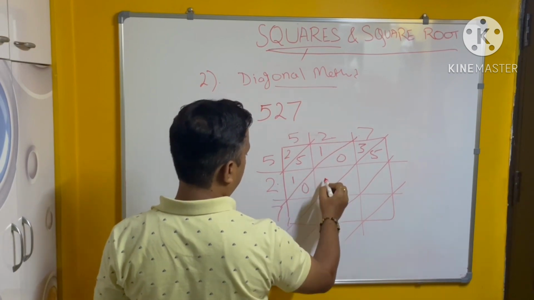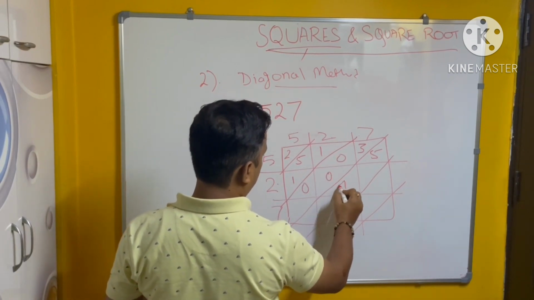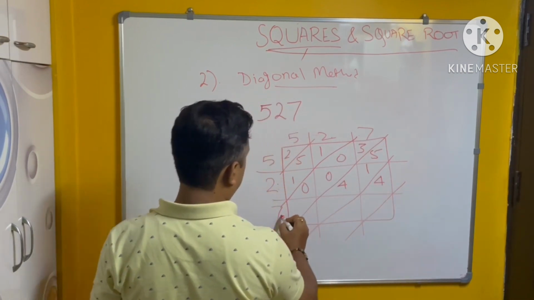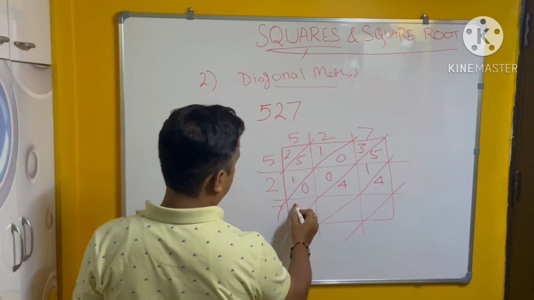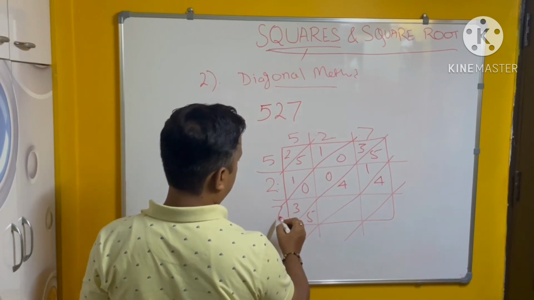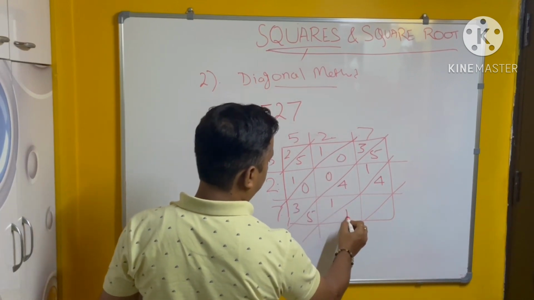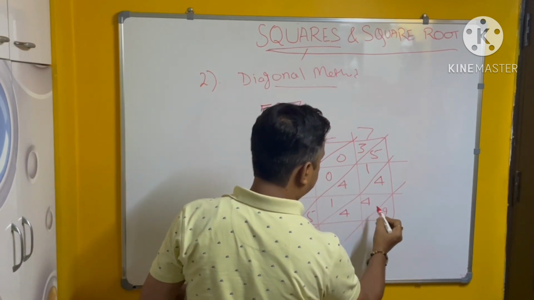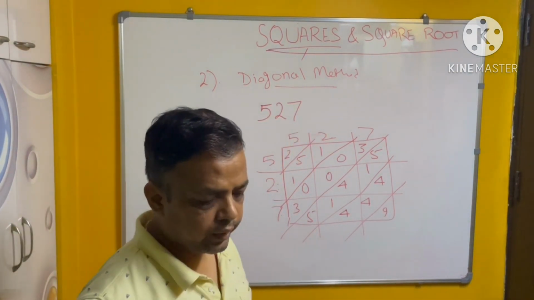Product of 2 and 2, 4. 2 and 7, 14. 7 and 5, 35. 14. 14.